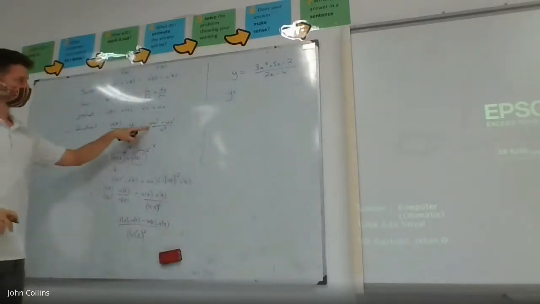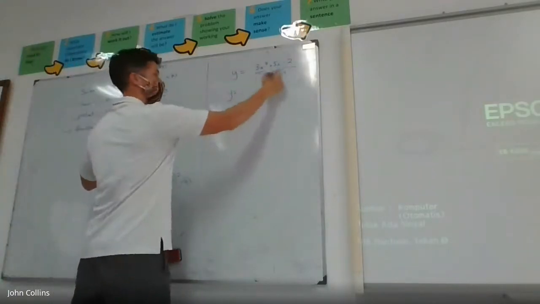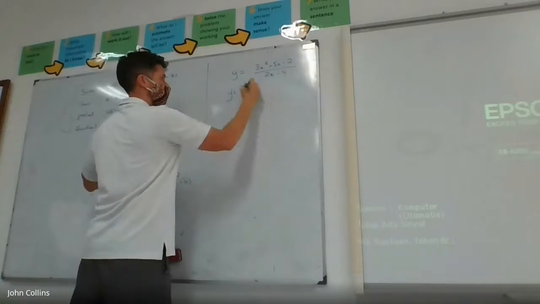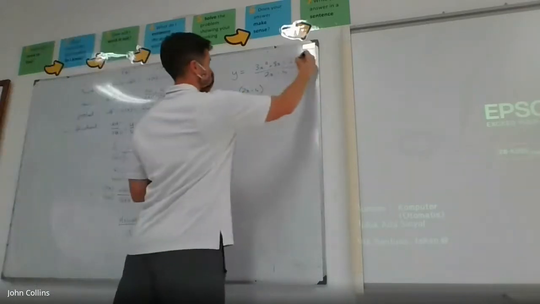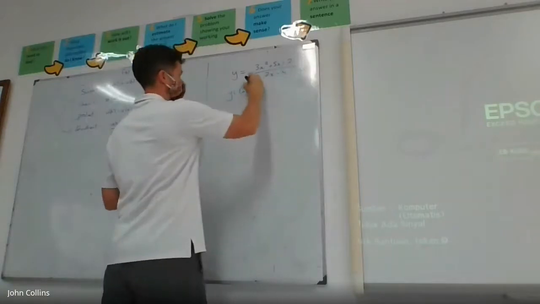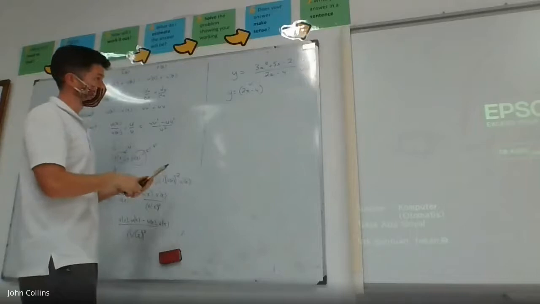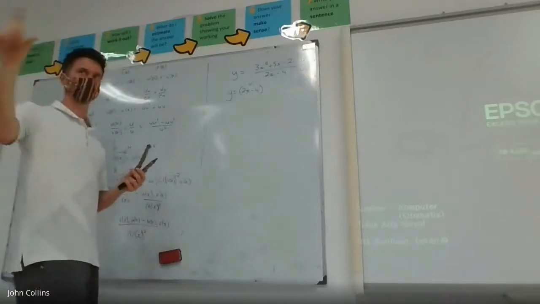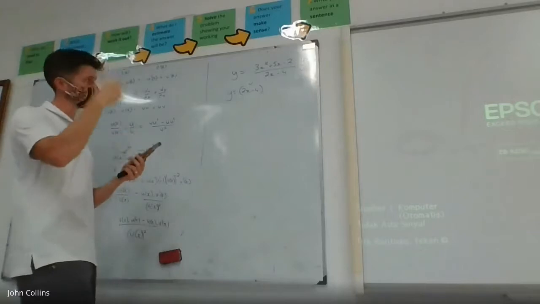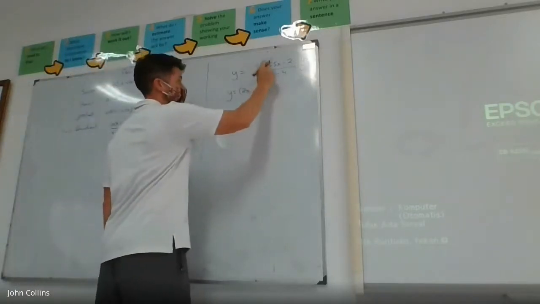So use the rule. v, which is the bottom, 2x minus 4. This is u over v. So this is v times the derivative of the top. So this is what you'll get into a habit of doing. You won't write u and v separately and get the derivative separately because you can do them as you go. Times that by that, so that's going to be 6x plus 5.